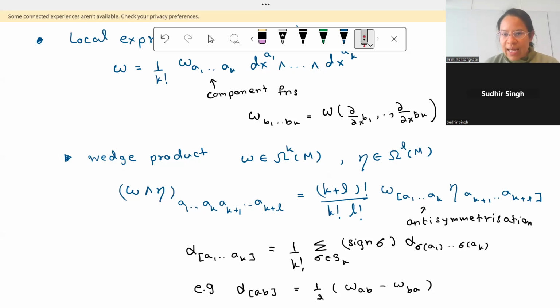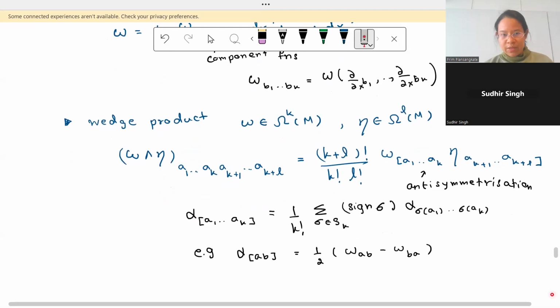And this anti-symmetrization of indices, we define similarly to the anti-symmetrizations of tensors that we just looked at before, that we just sum over all permutations and then weight it with a sign.